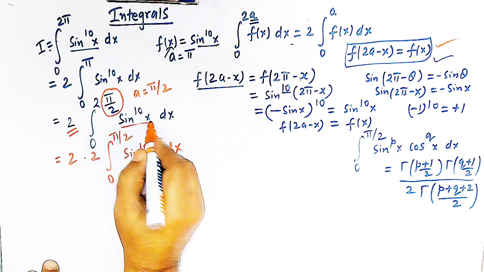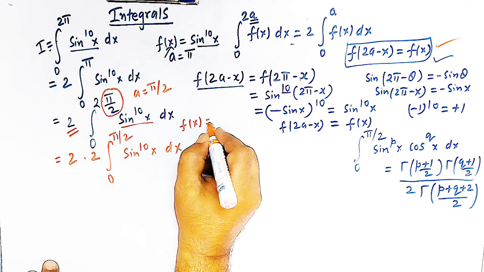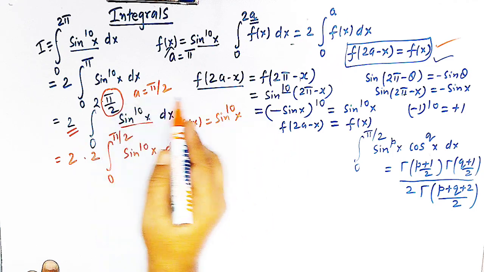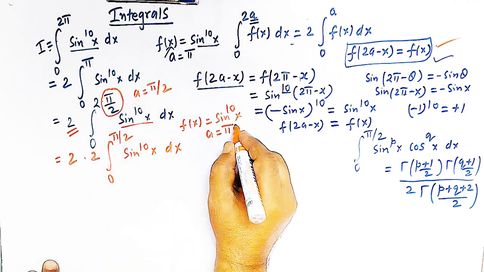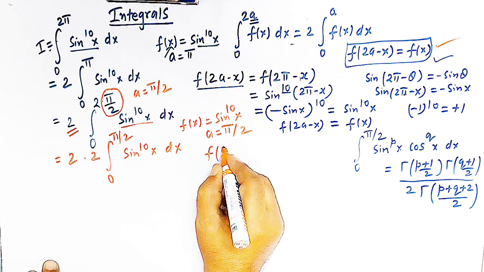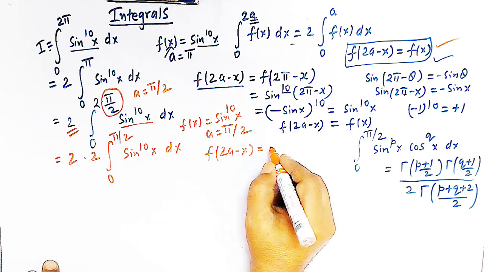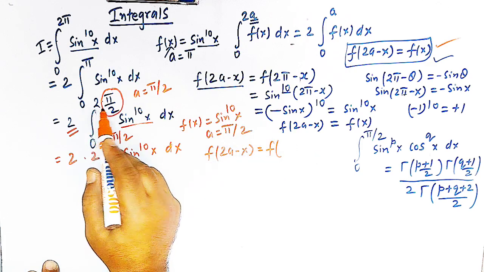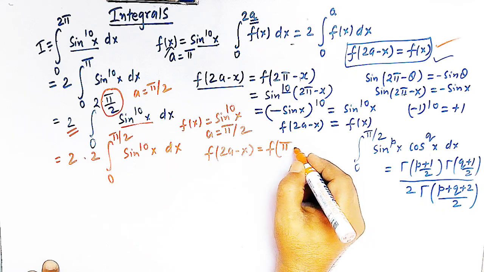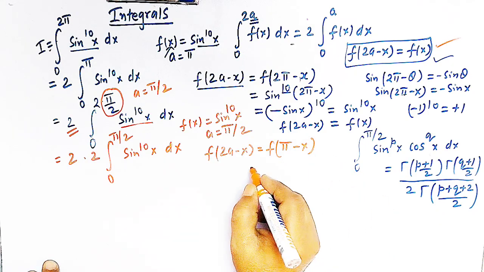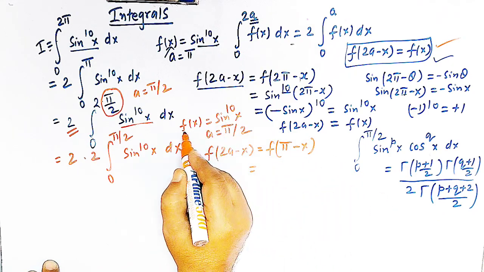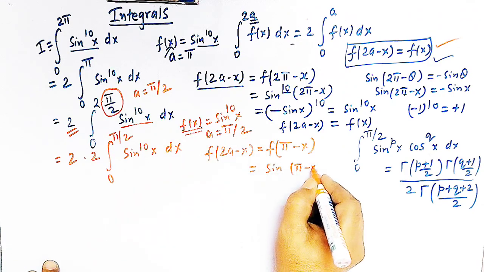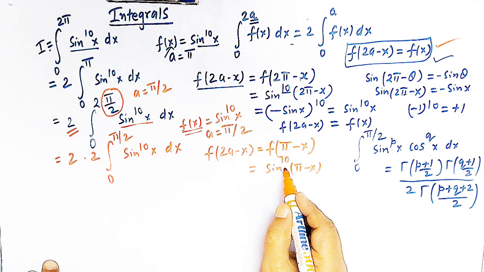So now we have our function f of x as sine x raised to 10, and the value of a is pi over 2. So now f of 2a minus x is equal to f of 2a. A is pi by 2, so 2a is now simply pi. So we have pi minus x. Now f of pi minus x can be obtained from here. So we have sine pi minus x, and here we have the power 10.